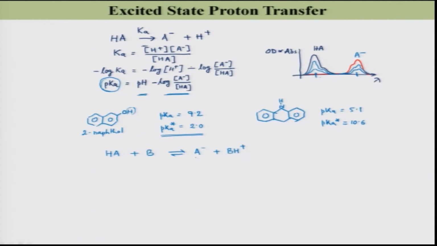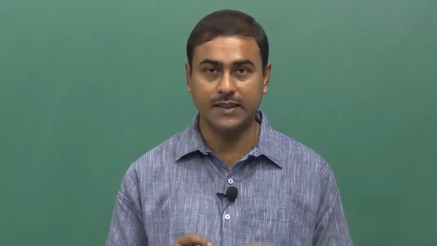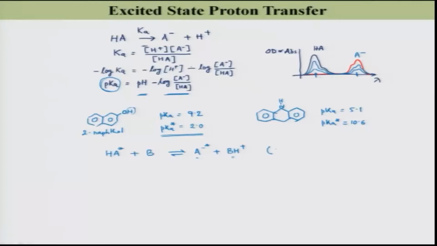Formation of the conjugate base A minus and the conjugate acid of the base B is not favorable in the ground state, because the pKa of HA is very high. But once you put HA in the excited state, immediately this takes place, leaving the molecule in the excited state. So the proton transfer from HA to B takes place only in the excited state, and this is known as excited state proton transfer. In short form, people call this ESPT.